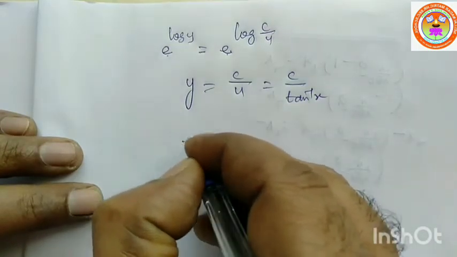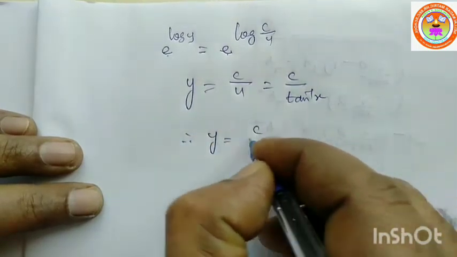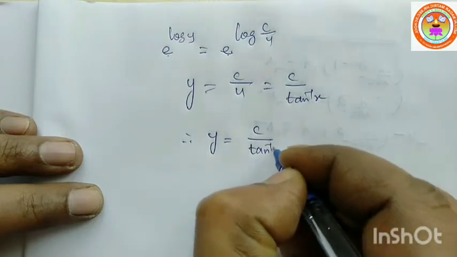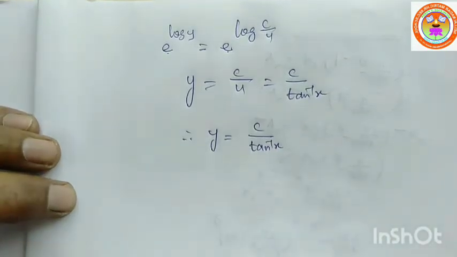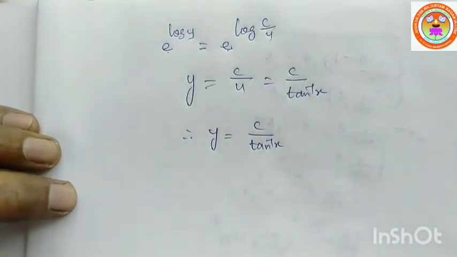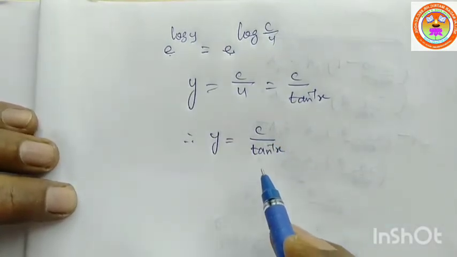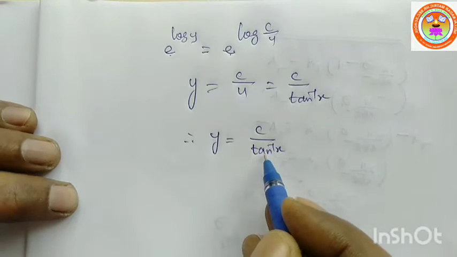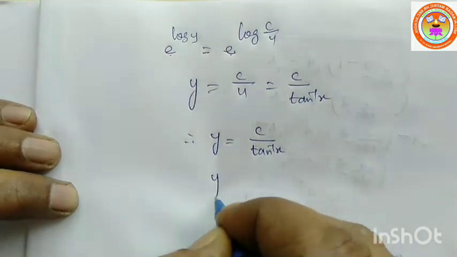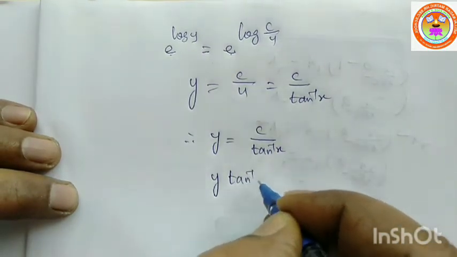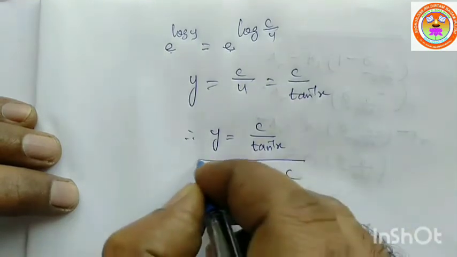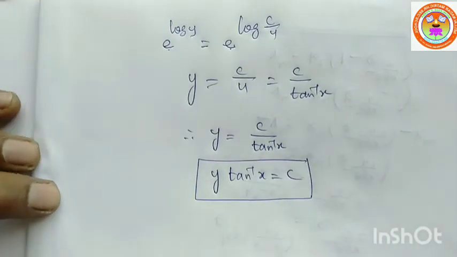Therefore, y is equal to c by tan inverse x. Cross multiply this tan inverse, so y into tan inverse x is equal to c. This is the required solution.